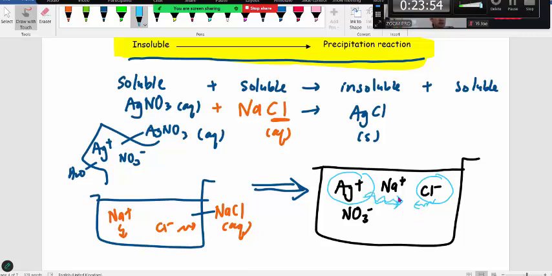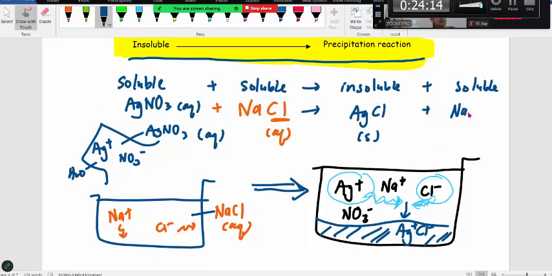Silver, chloride, they immediately will go and fight each other and they will stick together and they will form a solid. It's still silver and chloride ion, but because they stick together now, they are a solid. So a solid that suddenly forms, it's called a precipitate. Get it? So who is left over? Sodium nitrate lah.